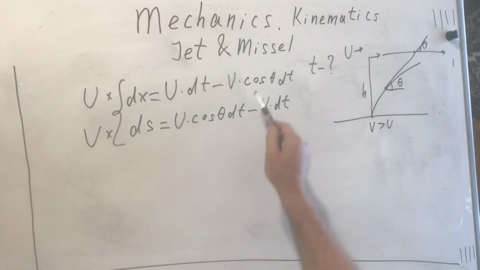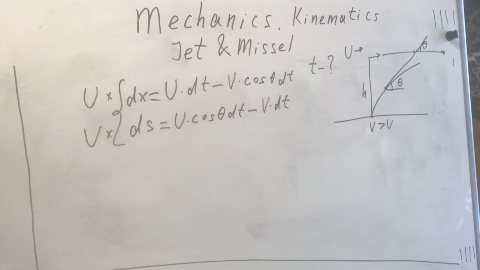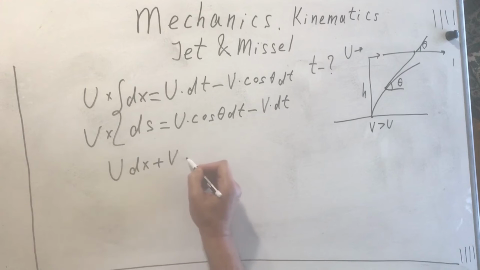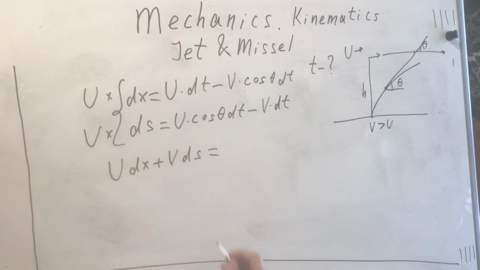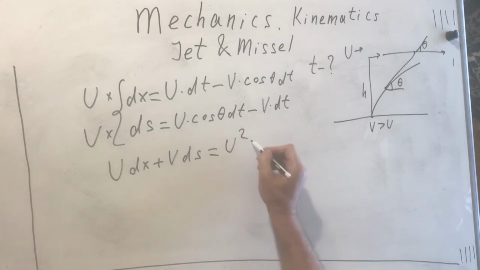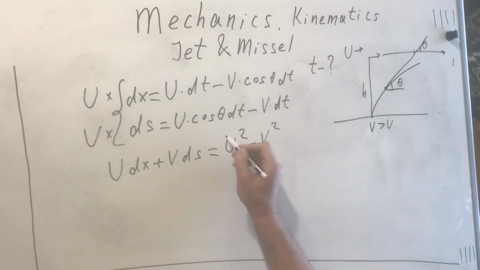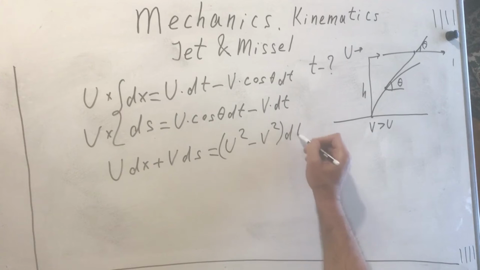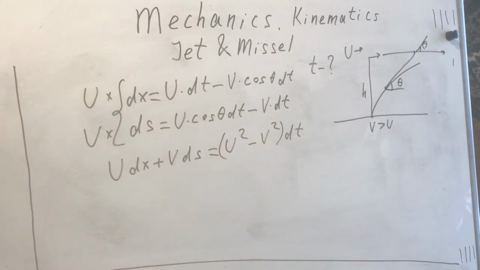In that case, these parts cancel each other, and we have this expression: u dx plus v ds equals u square minus v square multiplied by dt. And we have a simple equation which can be integrated. Again, we know what the limits are.